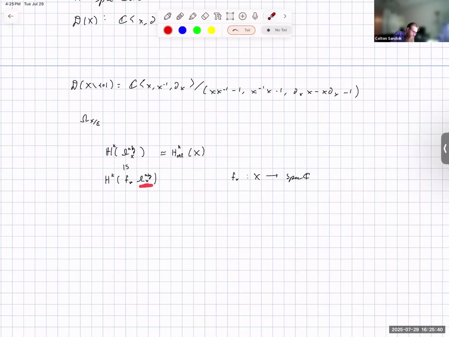My claim is that this is quasi-isomorphic to OX, viewed as a D module. Oh, I don't think so. Meromorphic, no. Analytic case, yes, it's under the Dolbeault.